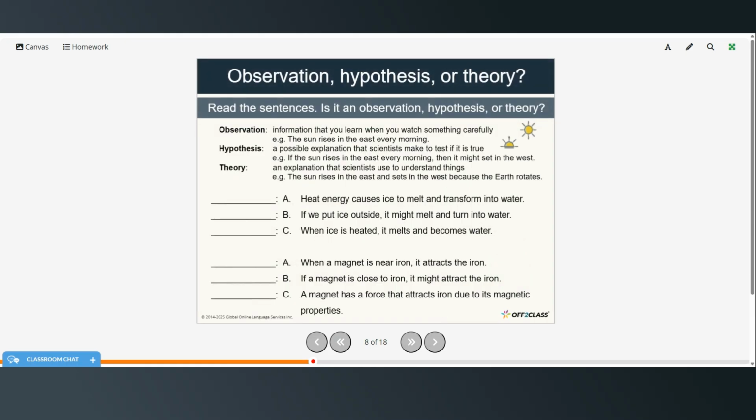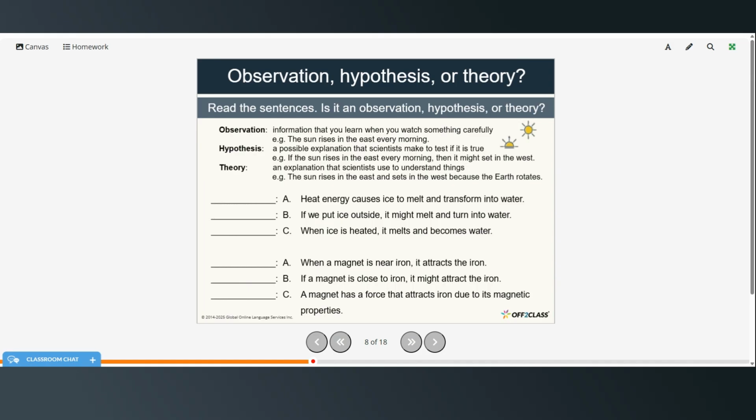All right, so now we're going to talk about observation, hypothesis, or theory. So read the sentences and determine whether it's an observation, a hypothesis, or theory. An observation is information that you learn when you watch something carefully. For example, the sun rises in the east every morning. A hypothesis is a possible explanation that scientists might make to test if it is true.